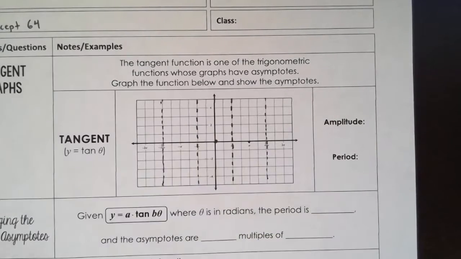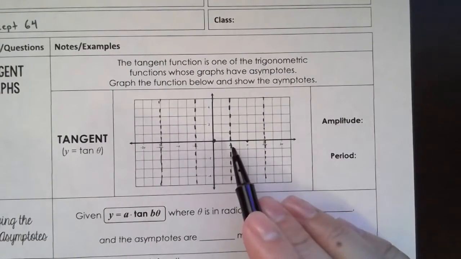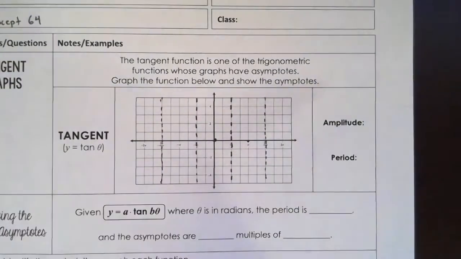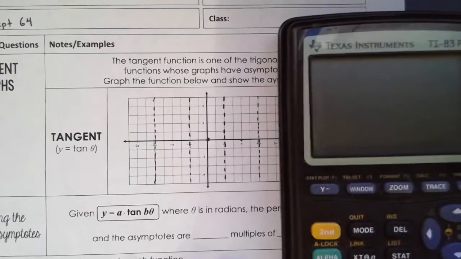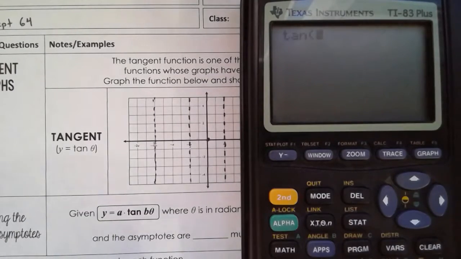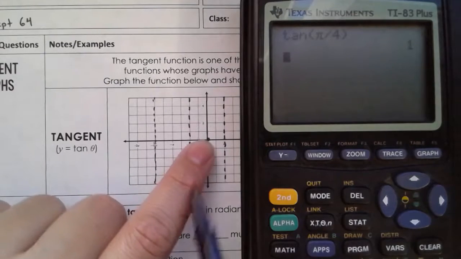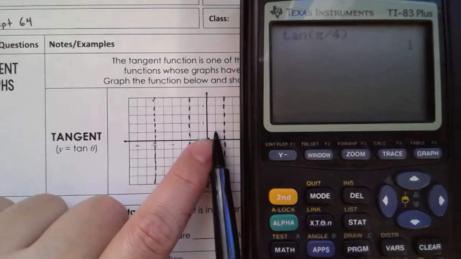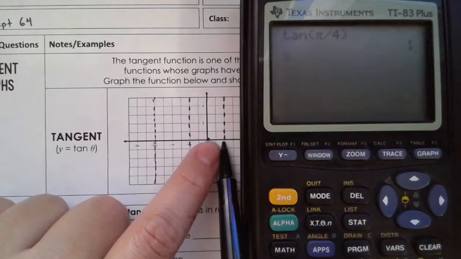Just to take some values here to show you. Here's pi over 2. What happens when I take, for example, tangent of pi over 4? I get 1. So when I take pi over 4, I'm right at 1. Let's get closer to the asymptote.